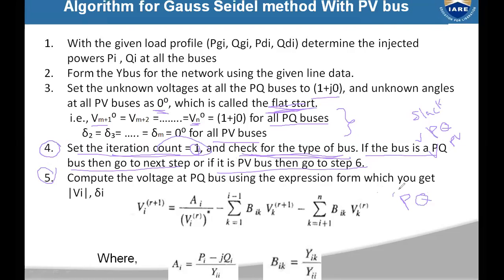Now if it is a PQ bus, you have to calculate the voltages and angles, as was done in the previous class, by using this equation.